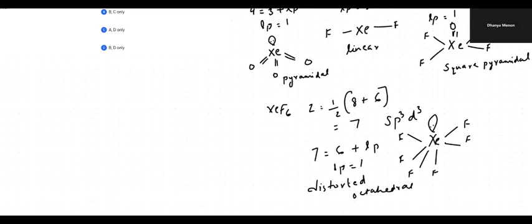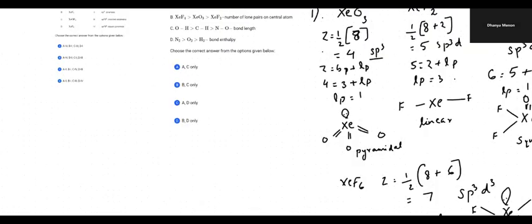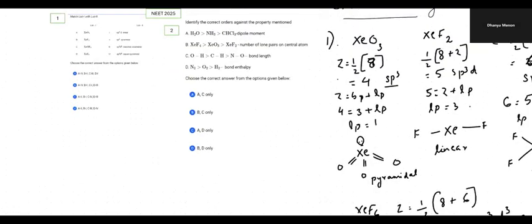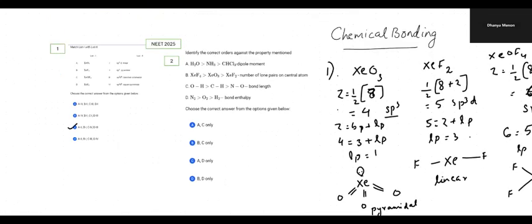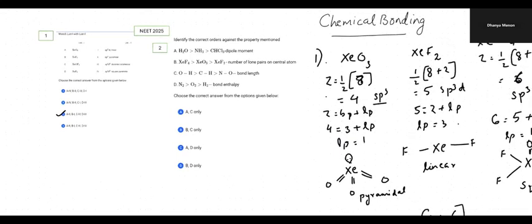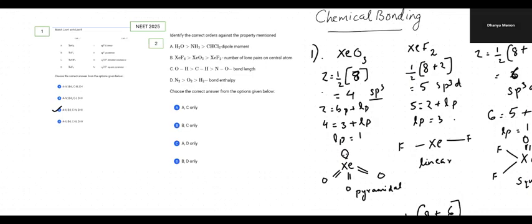Okay, so seeing all these, which option is correct for us? Our C option is correct, where XeO3 is pyramidal, sp3 hybridization if you check. B is 1, that is linear shape, yes.